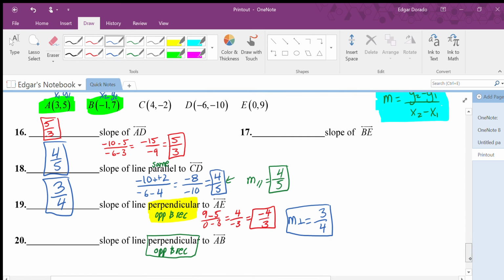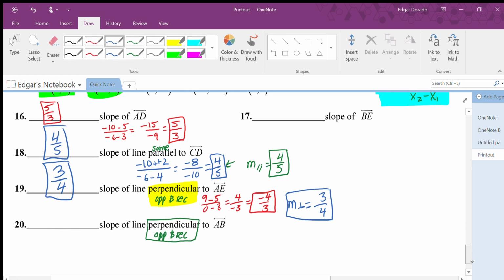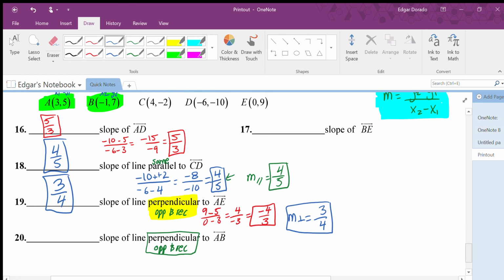So that is, let's see if I can capture it all here. So that would be 7 minus 5 over negative 1 minus 3. 7 minus 5 is 2. Negative 1 minus 3 is negative 4, which reduces to negative 1/2.